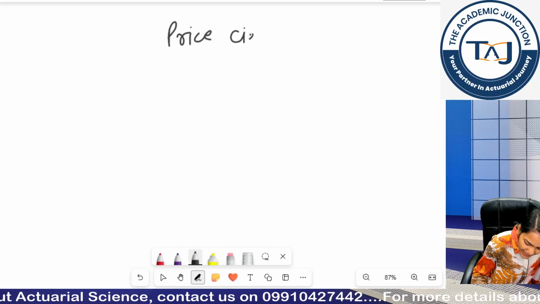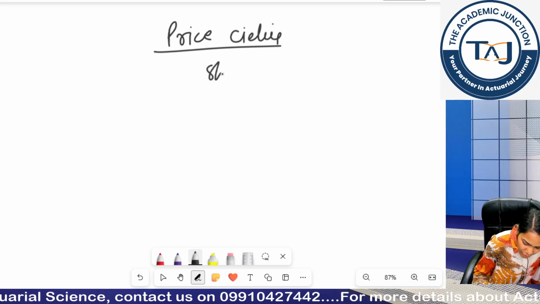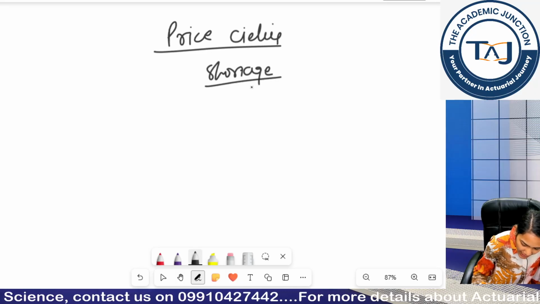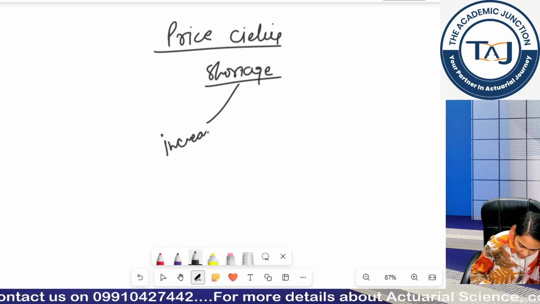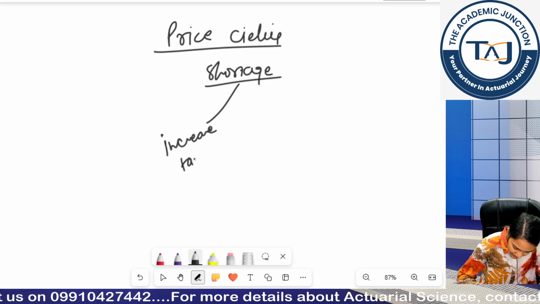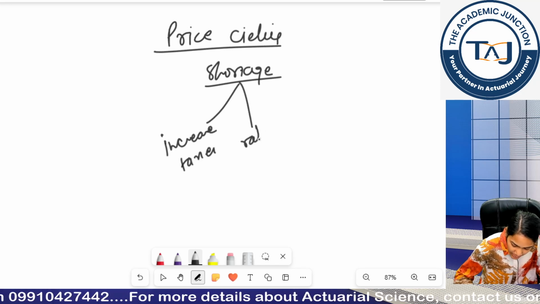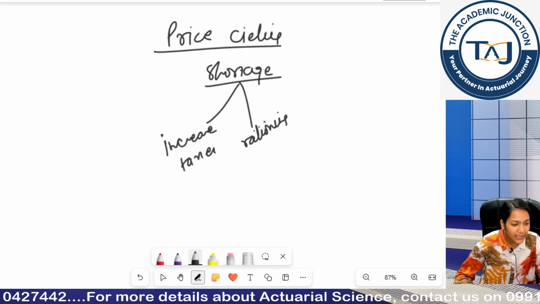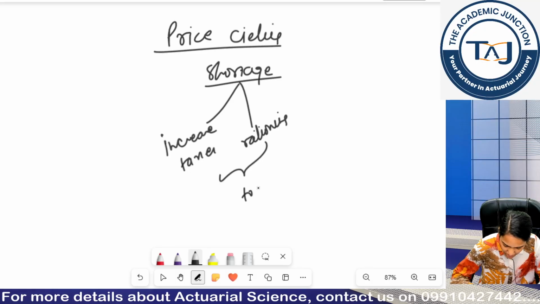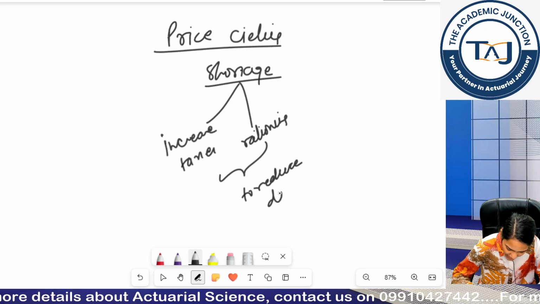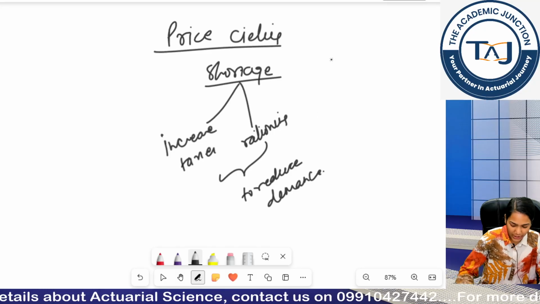When it comes to price ceiling, there is a shortage in the market. So either the government can increase taxes to reduce the demand, or they can do rationing, placing a limit on how much a person can buy, to reduce demand and hence reduce the shortage.